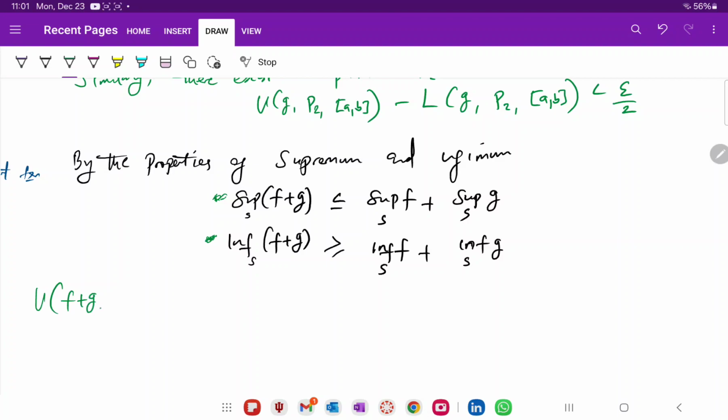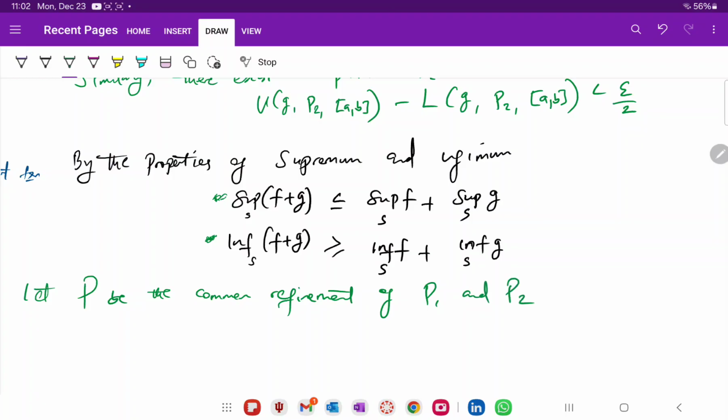So let's define the new partition. Let P be the common refinement of the two partitions. Then by the properties of common refinements, the lower Riemann sum of P1 will be less than this, and the upper Riemann sum of this will be less than this.